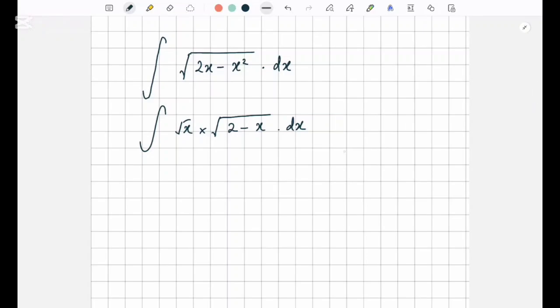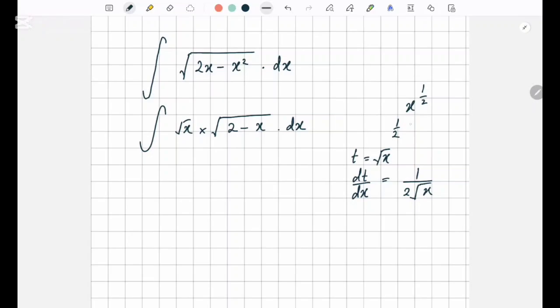Now let's take a substitution of t equals root x. So dt over dx equals the differentiation of root x, which is 1 over 2 root x. That's easy. If you want to see it, it's x to the power half.